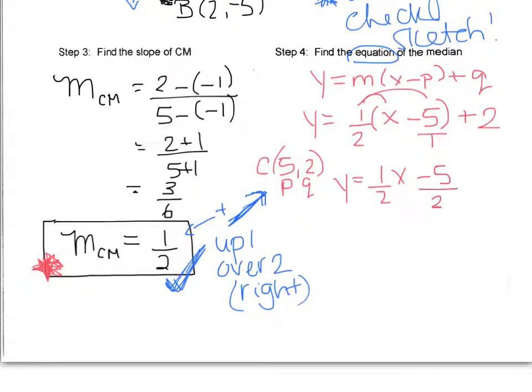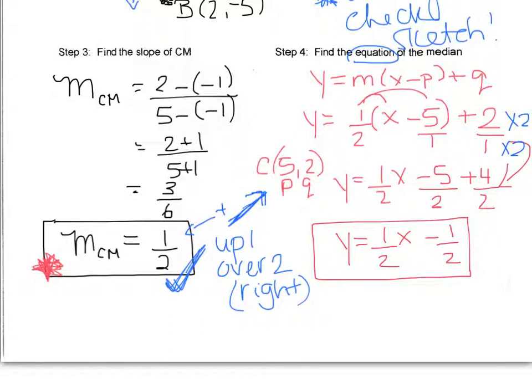The 2 at the end still needs to be added on. It is currently 2 over 1, but you cannot add fractions that don't have the same denominators. So instead of 2 over 1, I'm going to double that fraction to get a common denominator, and I'm going to say plus 4 over 2. So my final equation would be y equals 1/2 x minus 1/2.